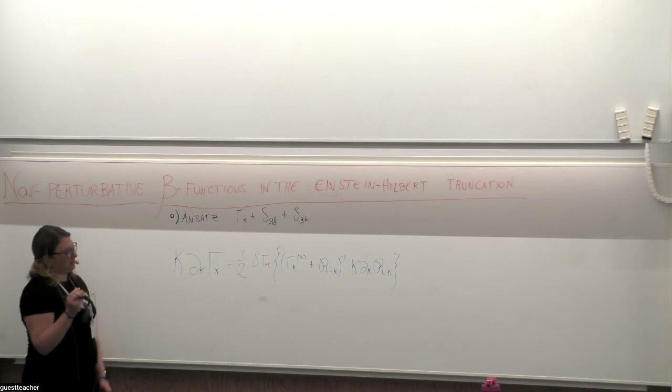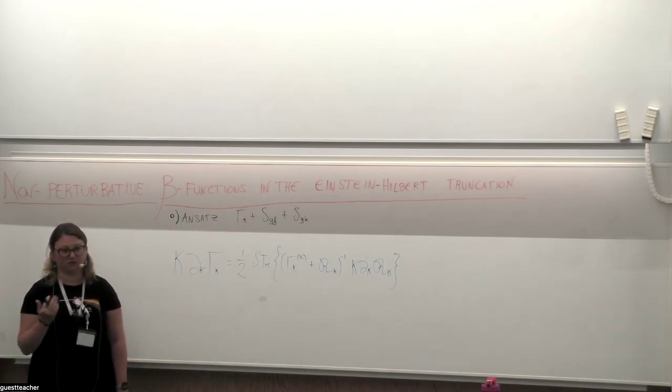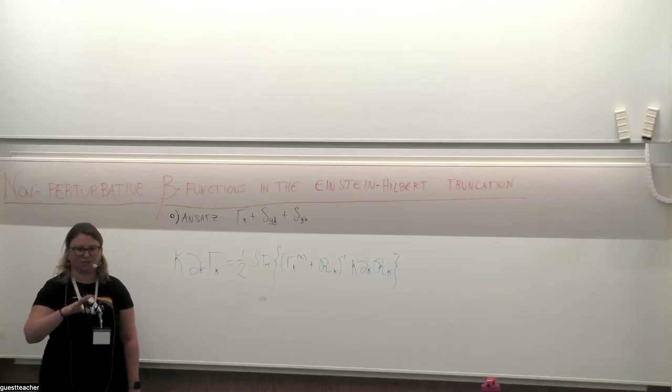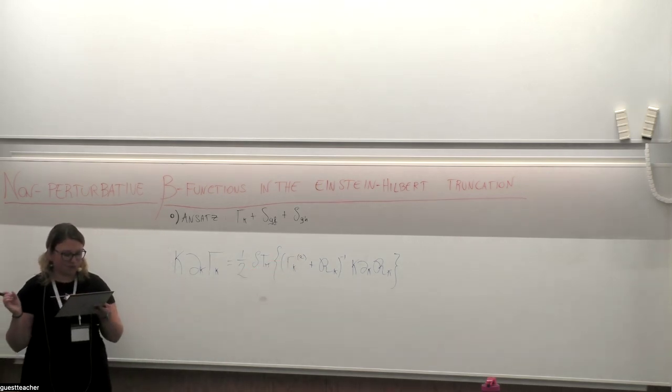And ideally, one should first try to understand the structure of the field content that one has. So whether there are interactions, non-minimal interactions between couplings to understand what happens in there.